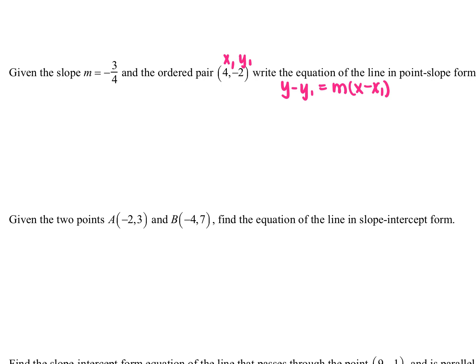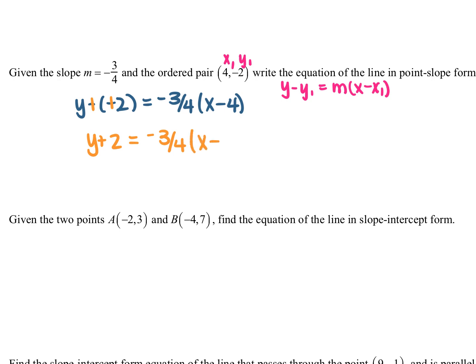So again, point slope form, we're writing it in this form and leaving it in this form. So that means we're going to have y minus negative 2 is equal to negative 3/4 times x minus 4. You do have to simplify double negatives, which we will on the left side here, to give us y plus 2 is equal to negative 3/4 times x minus 4.